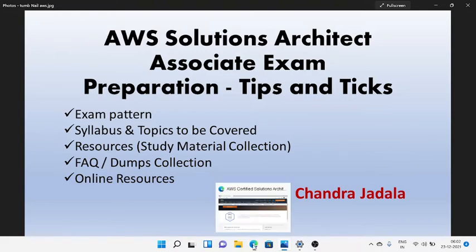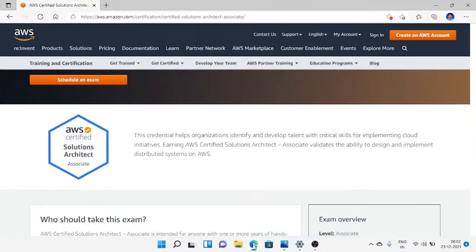Let's start our session. First, the official website of AWS for the AWS Solution Architect Associate exam is aws.amazon.com/certification/certified-solutions-architect-associate.